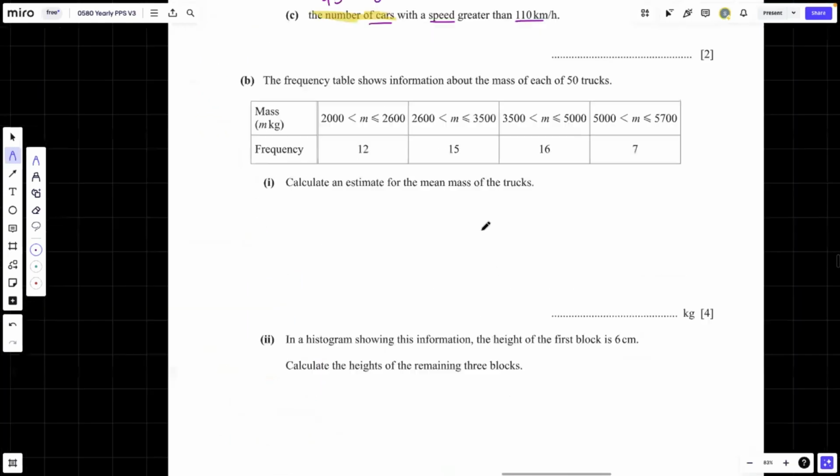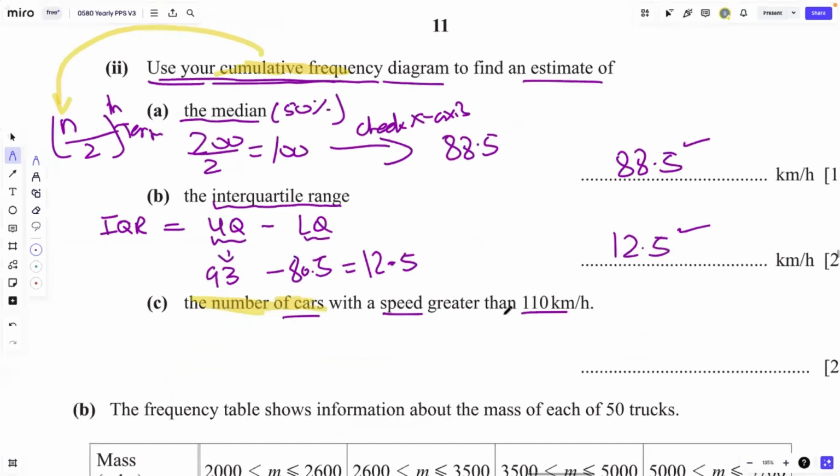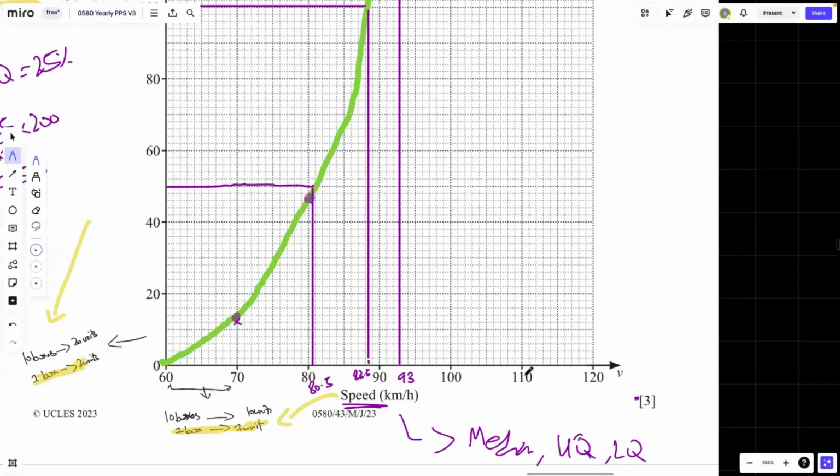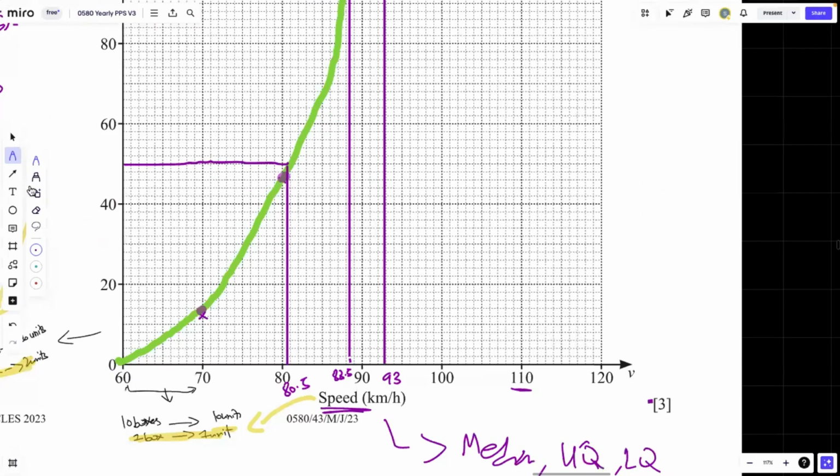So what we need exactly is the number of cars that have a speed greater than 110. So we'll go to 110 kilometers per hour, that's here on the x-axis.